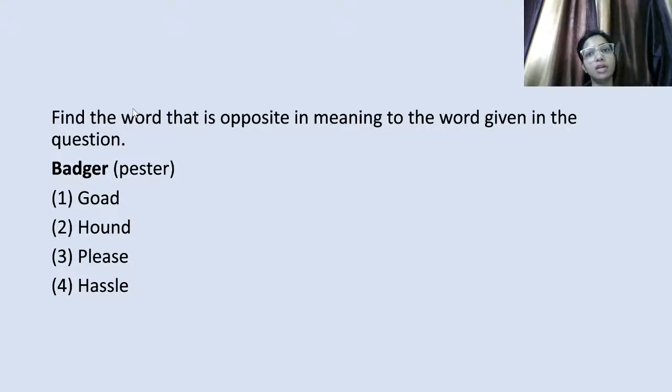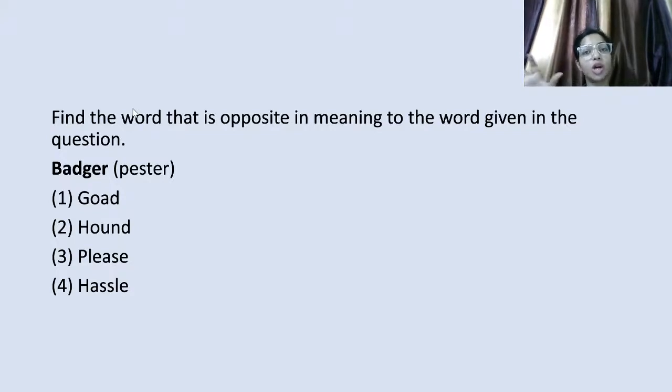Next is hound. So see, I was talking about such kind of words. Dogs are also called hounds, especially those very aggressive and very carnivorous kind of dogs that are mostly kept for guarding. But here it's not a noun, hound is a verb.